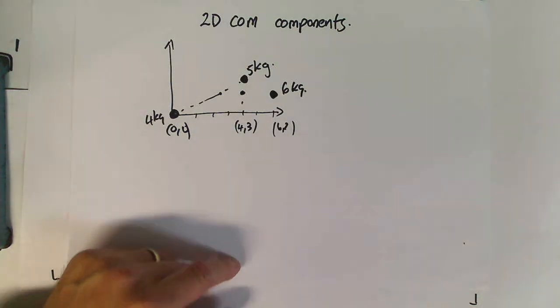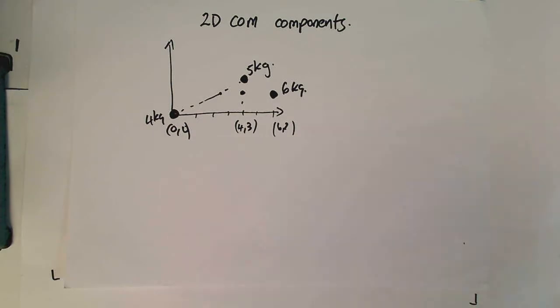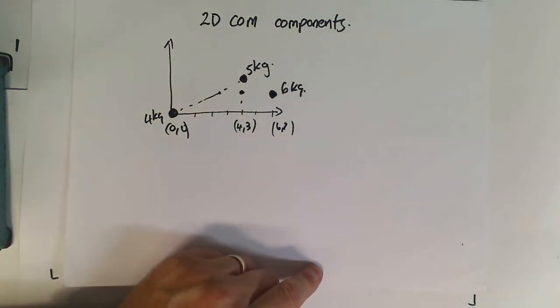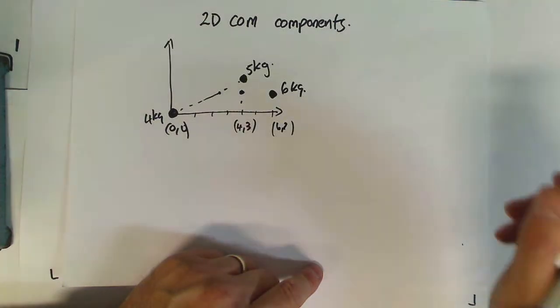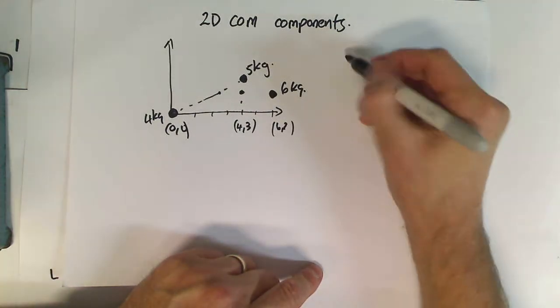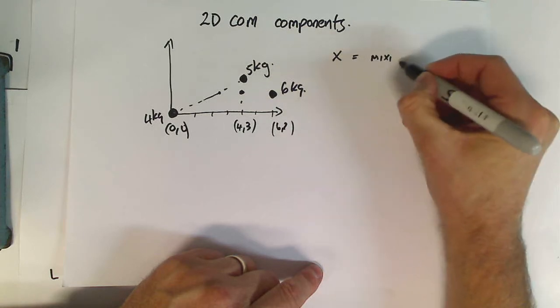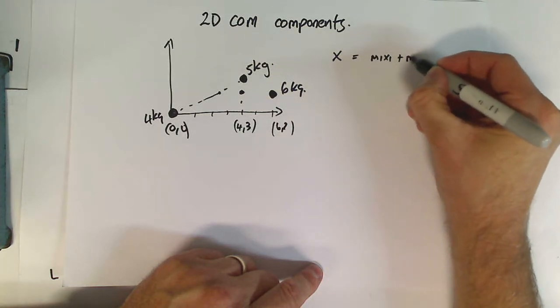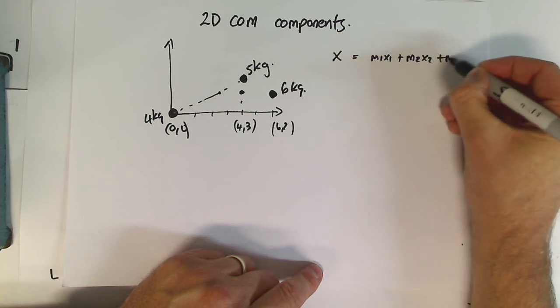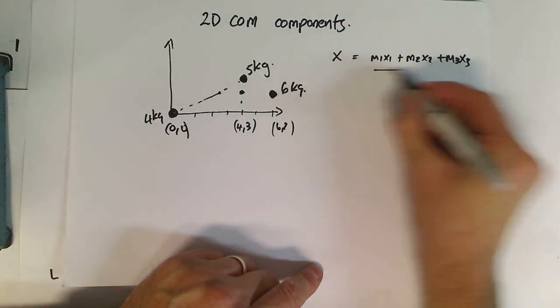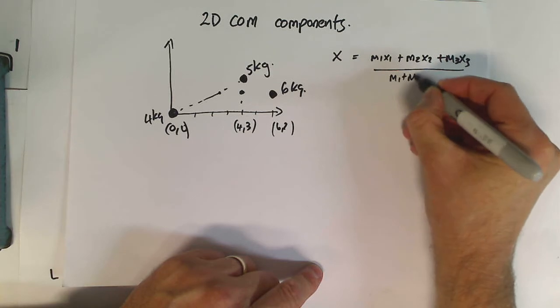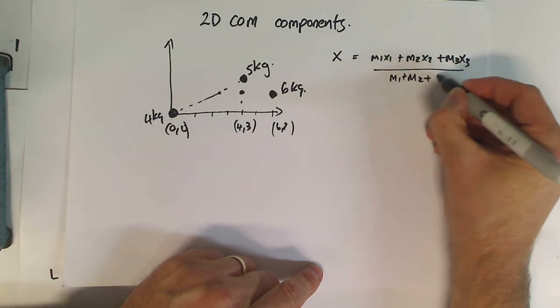Alright? Now, that's just approximate, and it's a method we could use. But we can just treat this as two centre of mass equations, x equaling m1 x1 plus m2 x2 plus m3 x3 all over m1 plus m2 plus m3.